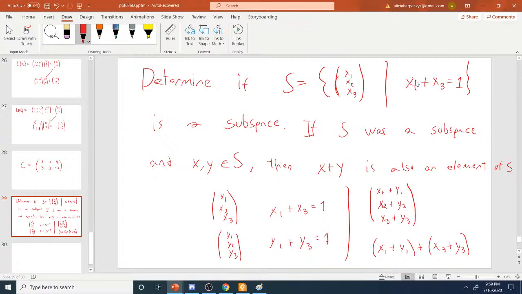Well, this is not actually going to be equal to 1, it's going to be equal to the sum of this relation with this relation, so it's going to be equal to 2. So if you take two vectors in S and you add them together, then you get something that is no longer in S. So, consequently, S is not a subspace.